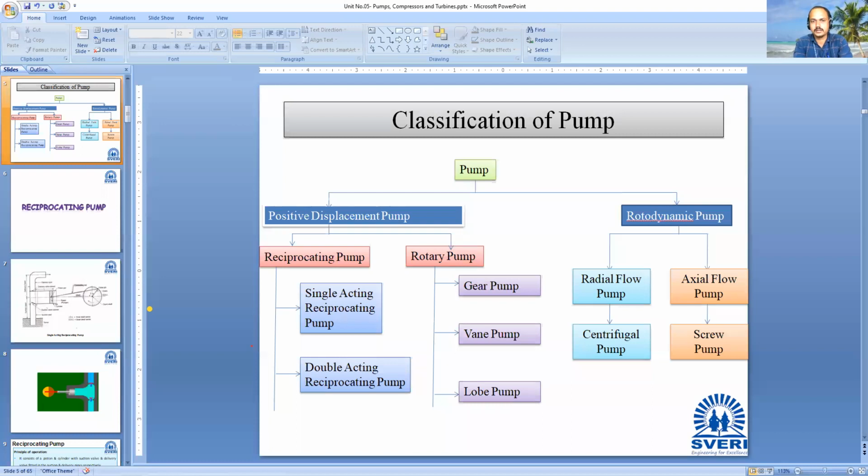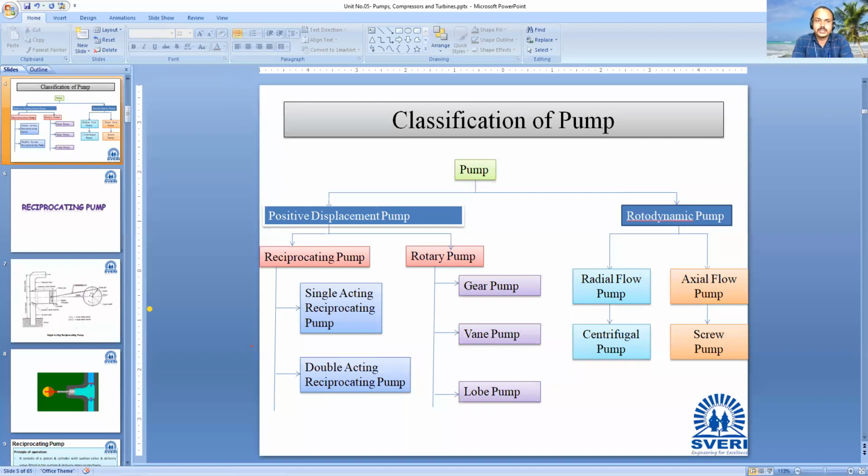And one more slide, you have to write something. Write down pump. Some important sentences are there, that only I will give you. And you have to draw the diagrams from this. Whenever I say draw this diagram, you have to draw it, and I will ask you to write this construction and working in your language. I am not going to dictate that, and it is not necessary also.